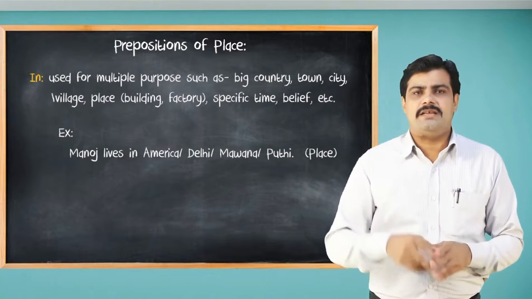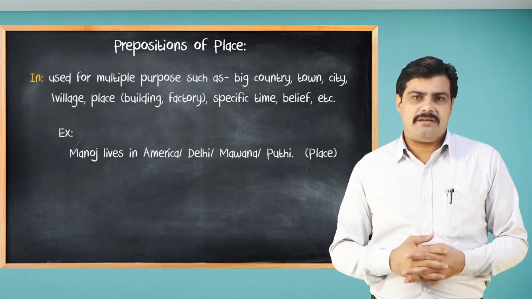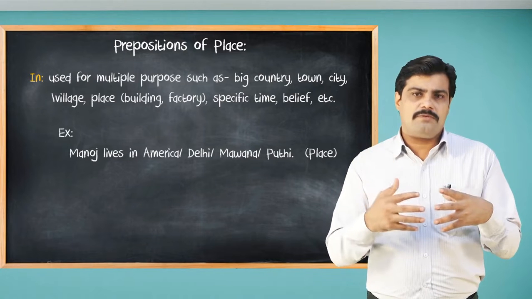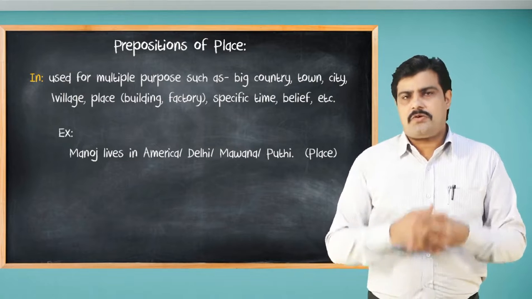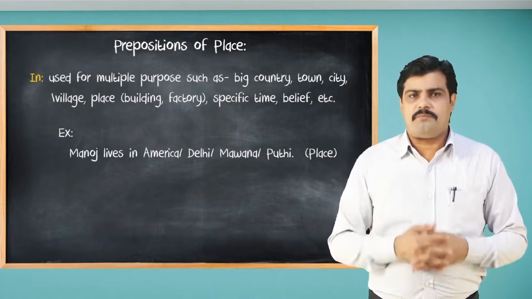Here in the sentence, America is a country, Delhi is a big city, Mawana is a town, and Putti is a village. So this particular preposition can be used in this form.